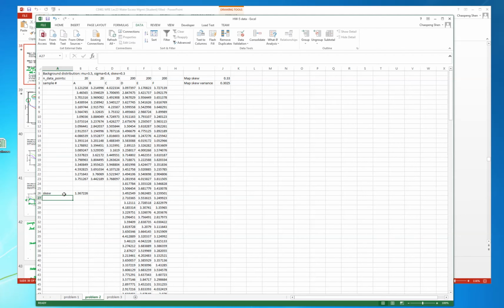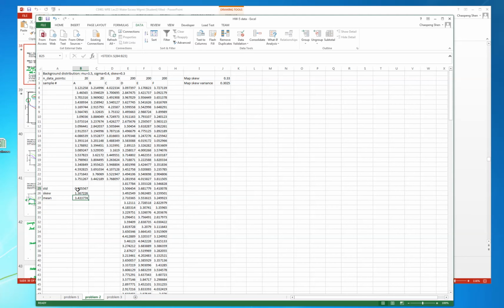Then let's do standard deviation, but we're going to do the sample one. Then you highlight this whole thing, and then you have the mean, which is simply the average of this. So we can calculate these statistics for all of these different columns.